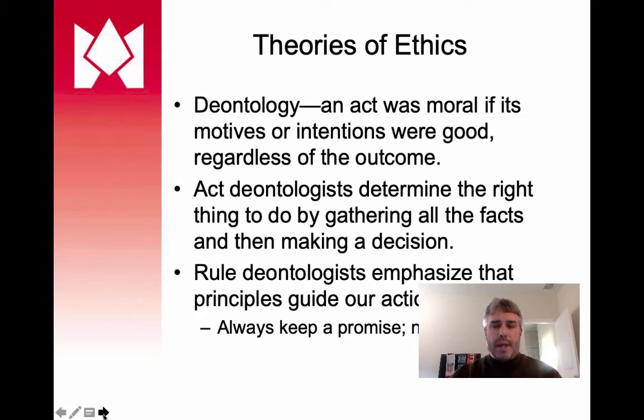If somebody talks about an act deontologist, that's determined the right thing to do by gathering all the facts and then making the decision, right? We pull all the facts in, we make that decision, we act on it. Rule deontologists emphasize that principles guide our actions. They're kind of rule followers, right? Always keep a promise, never tell a lie, those types of things.